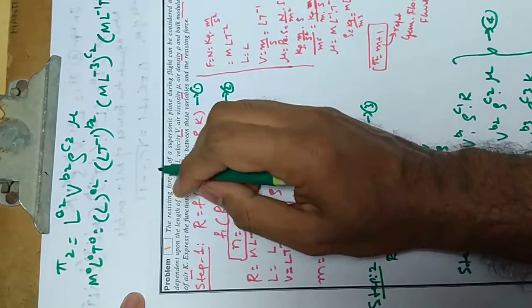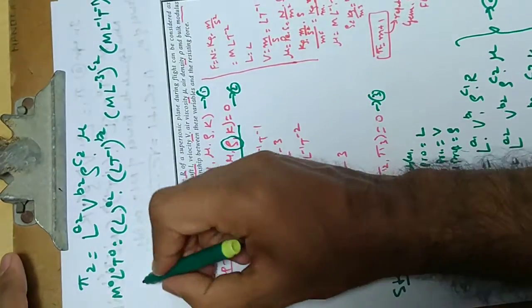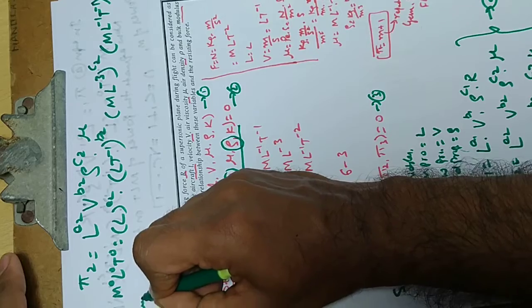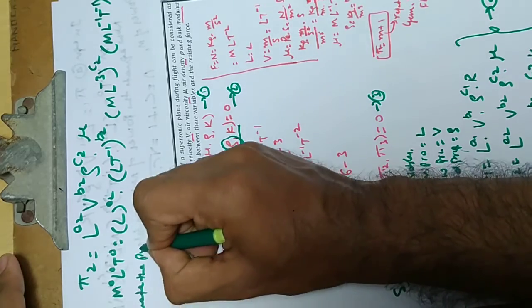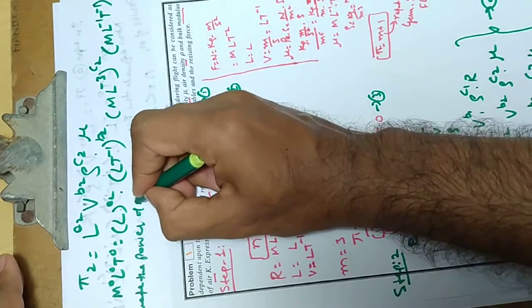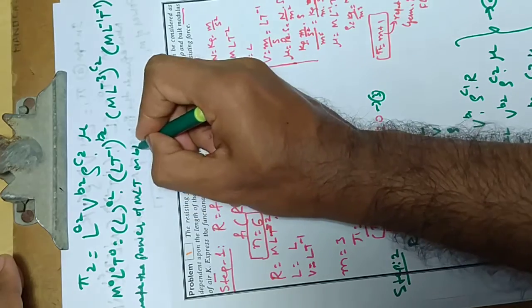Now equate the power of m, l, t on both sides.